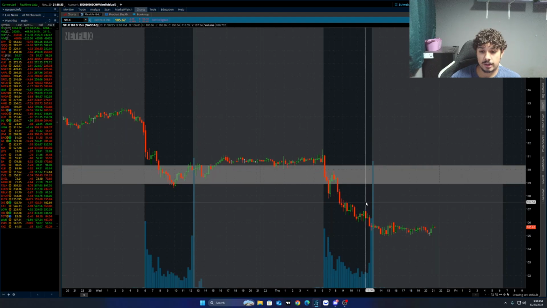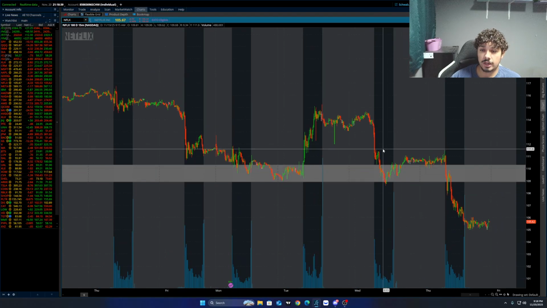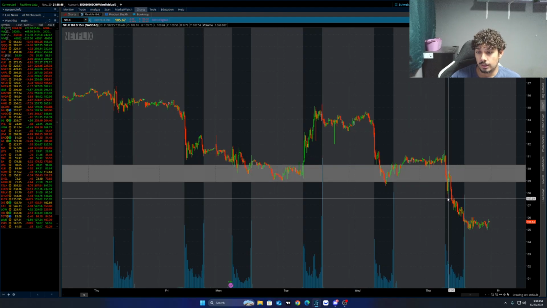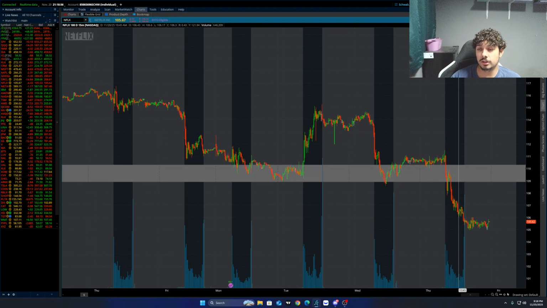Price isn't going to react to other prices perfectly. Sometimes you might get a reaction from here to there, a pretty decent move, and then from here to there, a couple cents off. It's not always going to react perfectly.